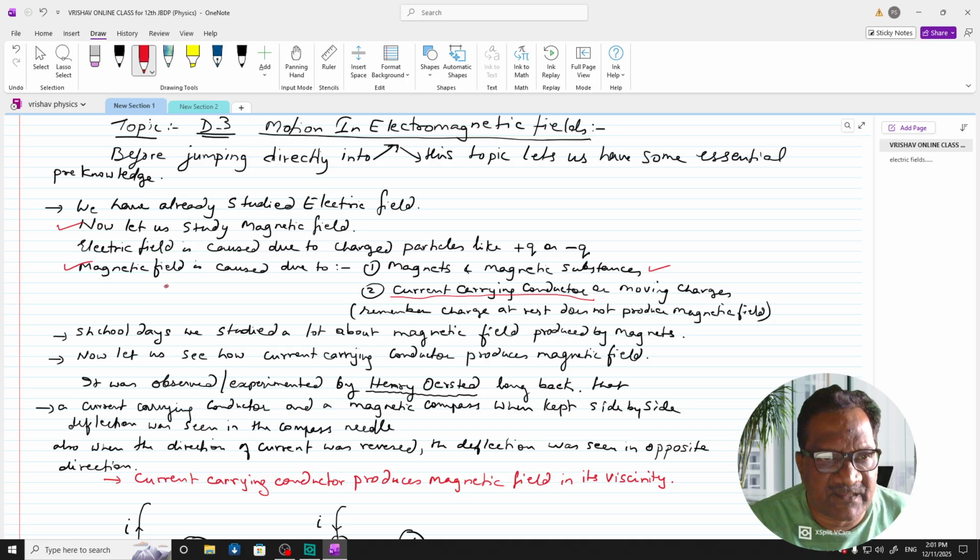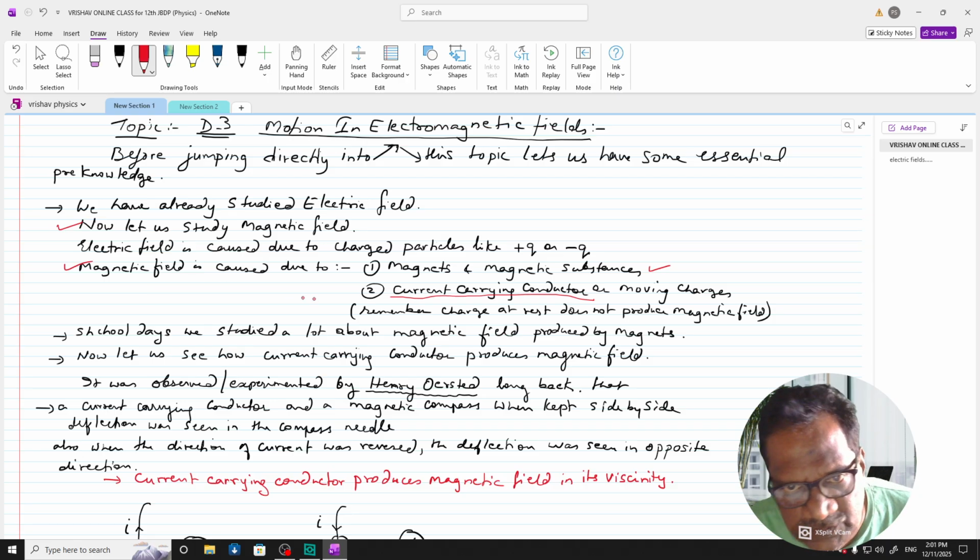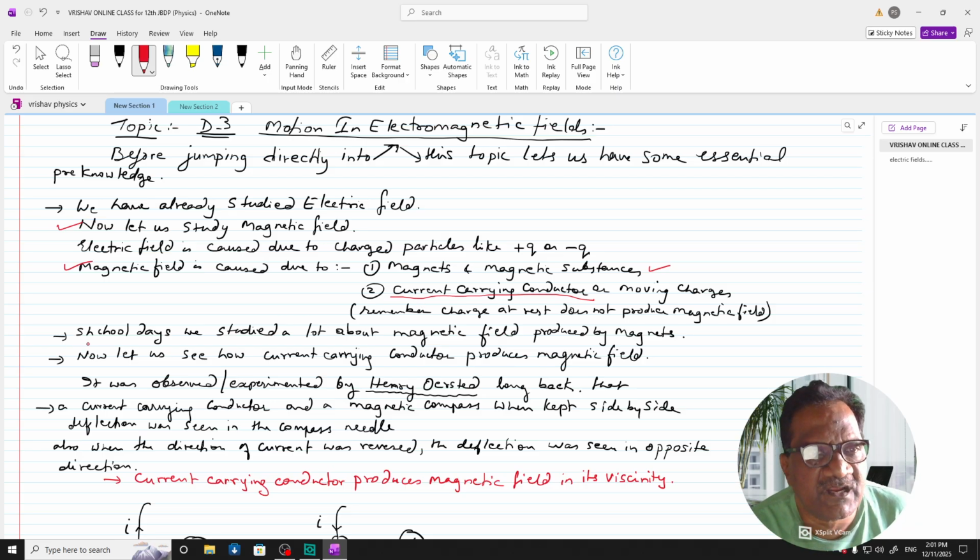So the magnetic field can be caused by magnets, and also by a current carrying conductor. We studied a lot about the magnetic field produced by magnets during our school days. Now let us see how a current carrying conductor produces a magnetic field.